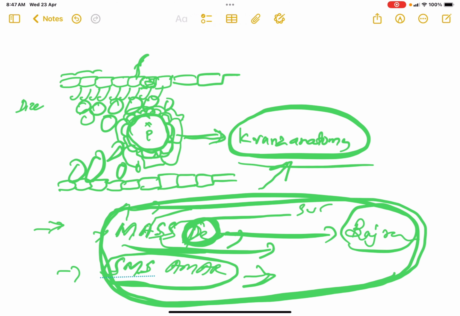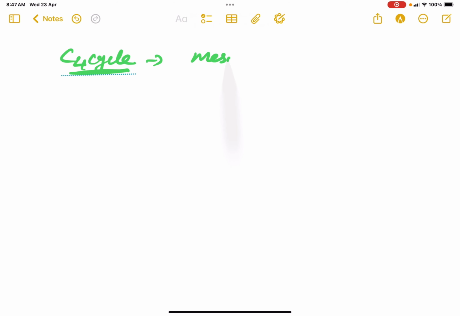Clear? Now we have to discuss the C4 cycle, the cycle present in C4 plants in addition to the C3 cycle. The C4 cycle takes place in two types of cells, the mesophyll cells and the bundle sheath cells.